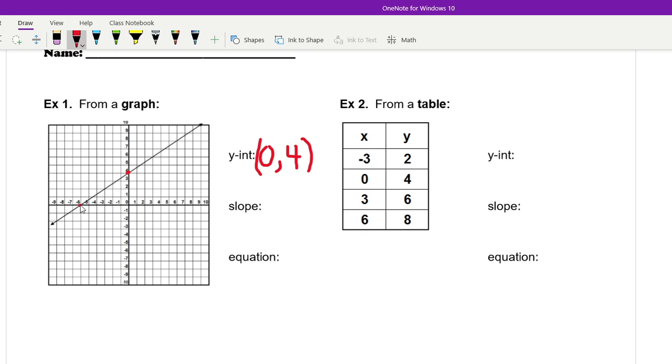This will let us figure out if we go up or down. In this case, we are going up a total of 4 units. And we go over to the right a total of 6 units.